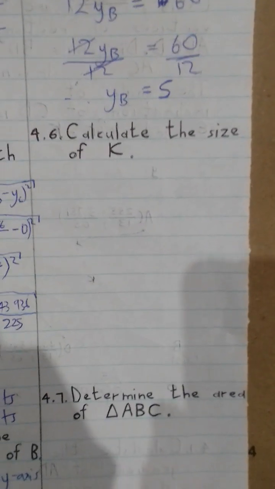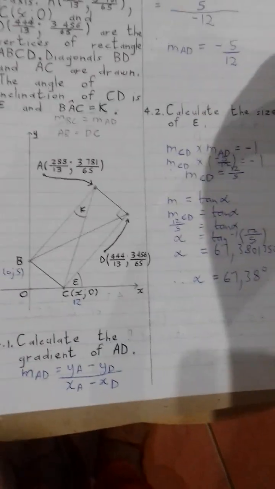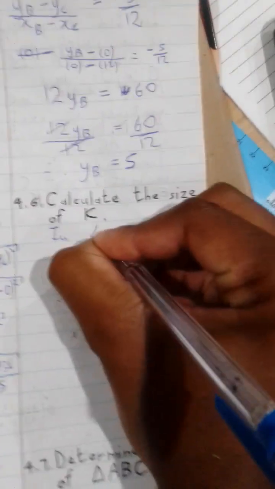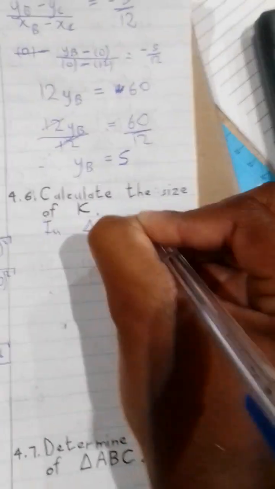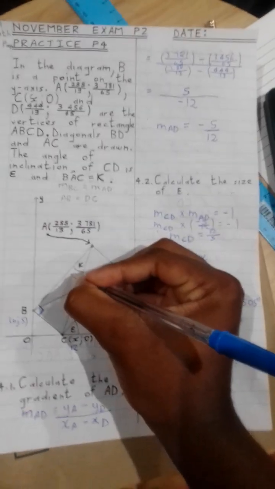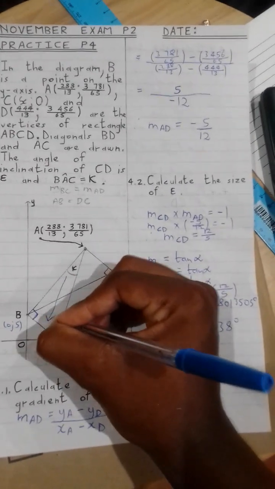4.6 states, calculate the size of kappa. Here is kappa, right? We know that all the interior angles of a rectangle are 90 degrees. So in triangle ABC, this side is opposite 90 degrees, so we can use the trigonometric ratios.